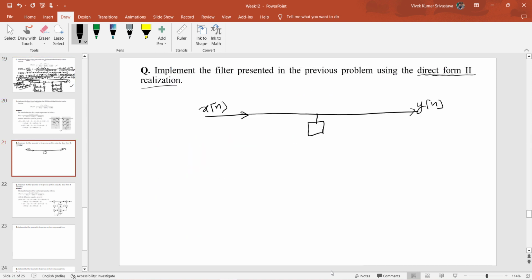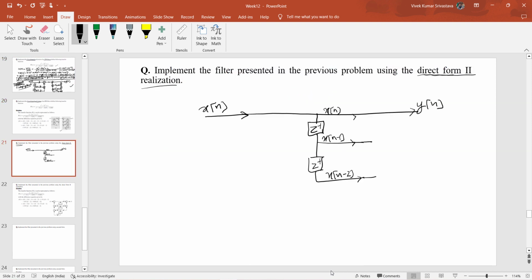So let me first place the two delays here, that is z minus 1, z minus 1. Okay, so here you will get x of n, x of n minus 1, and here you will get x of n minus 2.